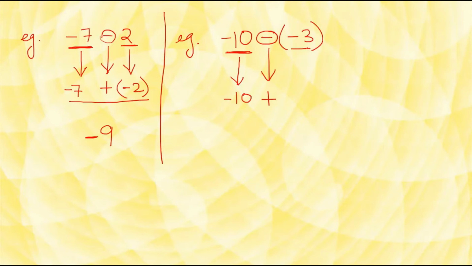And the second integer in our sum, -3, will also be changed into its opposite number, that is +3. Now if you observe, this is the addition sum. If the numbers are having opposite signs, we are supposed to subtract the numbers and then write down the sign of the greater number, which is minus. So this is our final answer.